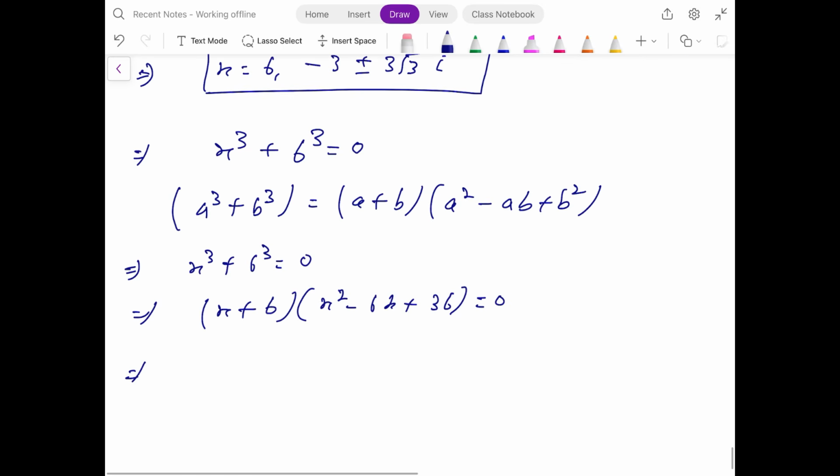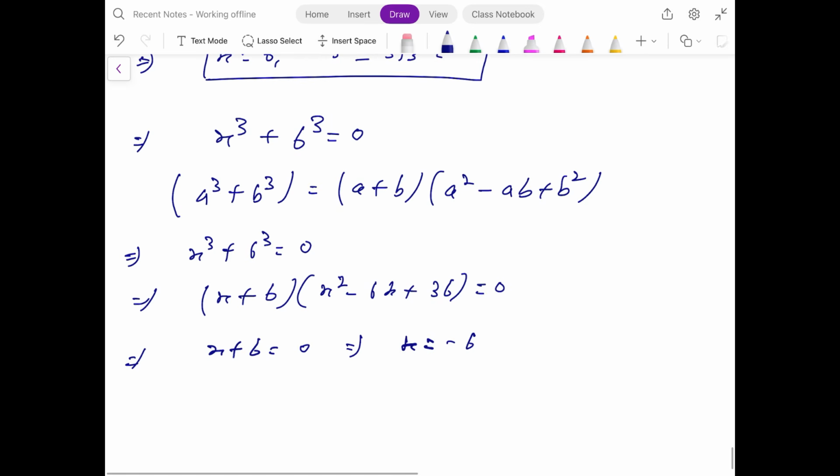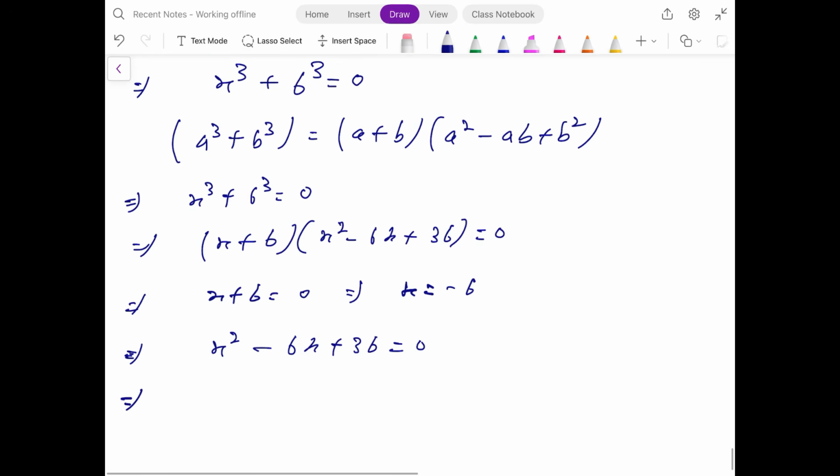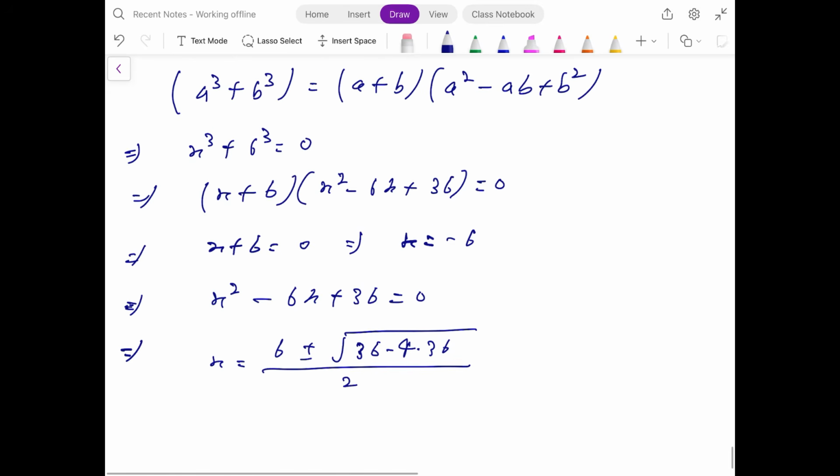From here, we can have x plus 6 equal to 0, which implies that x equal to minus 6. Further, we will have x^2 minus 6x plus 36 equal to 0. And after using the quadratic formula here, the values of x will be x equal to minus of minus 6, it will become 6 plus minus square root of (minus 6)^2, that is 36, minus 4 times 36, divided by 2.